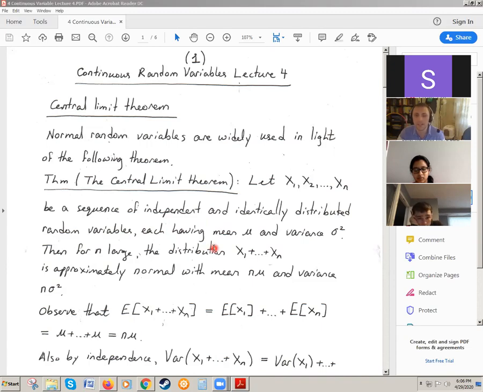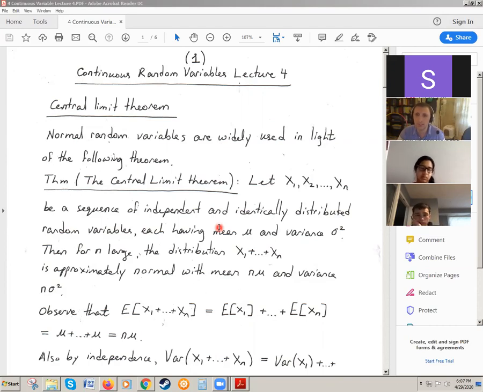So what the theorem is saying is that if you have random variables x1 through xn, and those random variables are identically distributed and independently selected of one another, right? So x1 through xn is like taking a sample, pretty much.